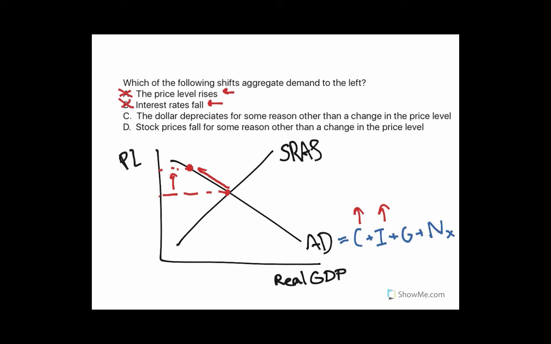Now if we look at choice C, it says the dollar depreciates for some reason other than the change in the price level. If the dollar depreciates, that's something happening in the foreign exchange market, so that will primarily affect net exports. If the dollar depreciates, then people in the U.S. have less purchasing power, as opposed to, let's say the other country we're looking at is Spain.